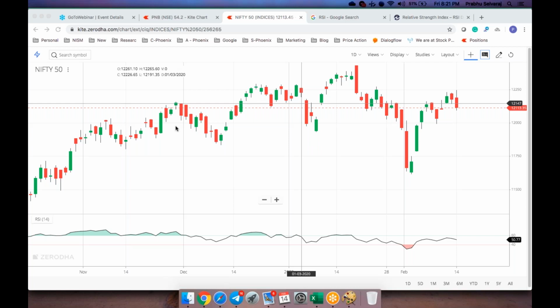It takes 14 days of calculation and calculates it. Do not change any values coming in the system. Change only the overbought and oversold levels, 50 to 40. That's all. Any other questions on RSI?